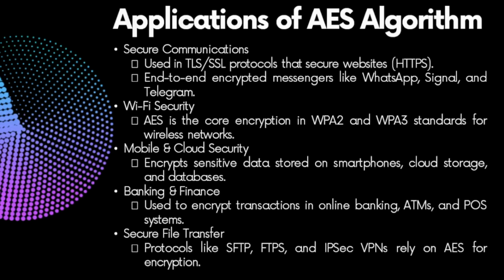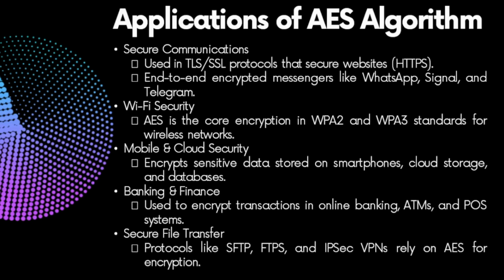Now let's discuss the different applications of the AES algorithm. So basically, AES is used for secure communication in the SSL TLS protocols, and that secures websites. It is also used for end-to-end encrypted messengers like WhatsApp, Signal, and Telegram.